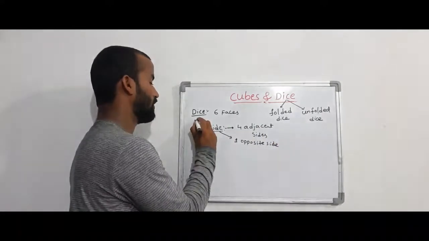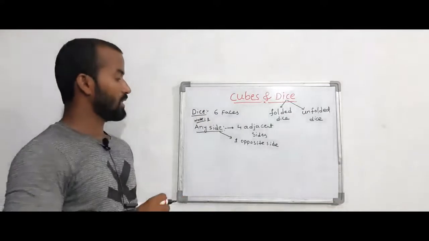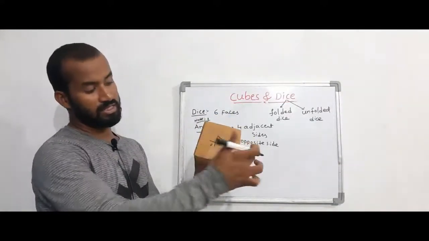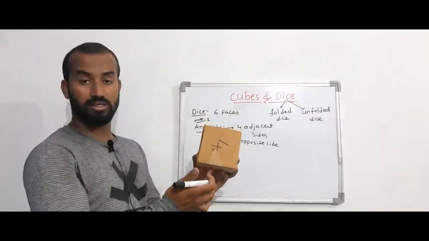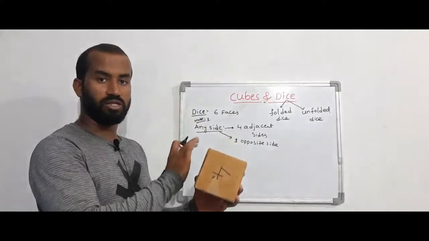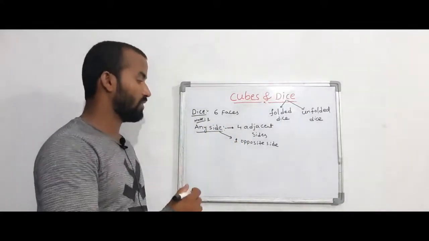This is note point 1. For any side, out of 6, this is adjacent, this is adjacent, this is adjacent, this is adjacent. So 4 adjacent sides, 1 opposite side, and this side. Total 6 sides. This is note point 1.